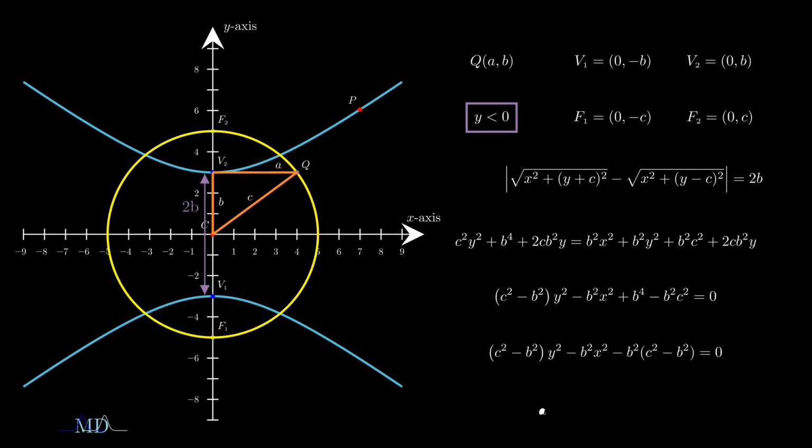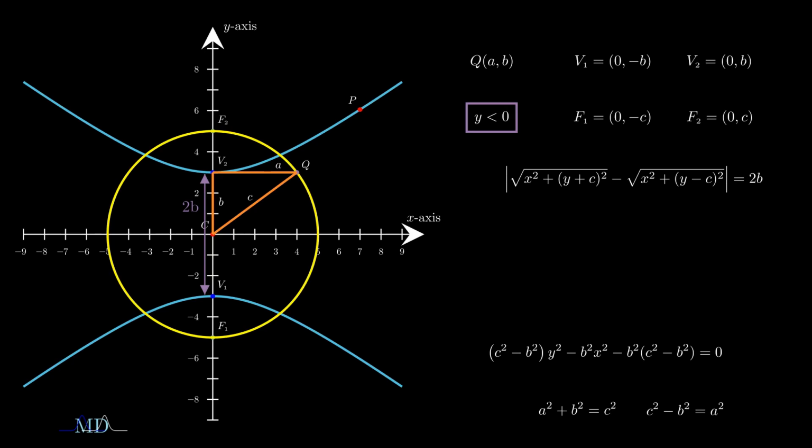Therefore a squared plus b squared equals c squared, and c squared minus b squared equals a squared. So our equation is a squared times y squared minus b squared times x squared minus b squared times a squared equals 0. We can divide each member of the equation by a squared times b squared.